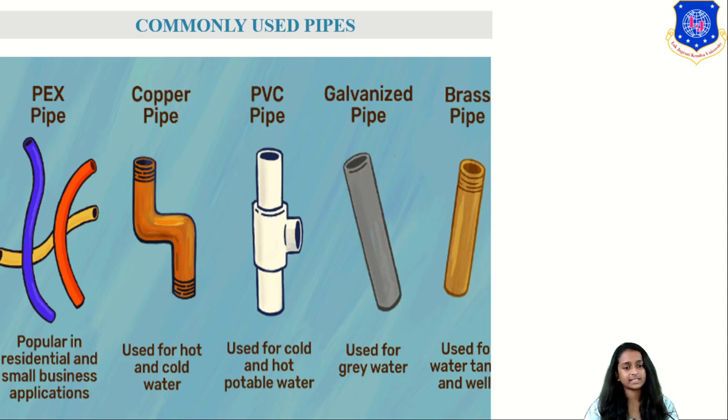Then galvanized pipe. Galvanized pipe is used to transfer grey water. Grey water means the water coming out from kitchen and wash basin that has less toxic chemicals. Then brass pipe. Brass pipe is corrosion resistant, so it is used to transfer groundwater from the well.